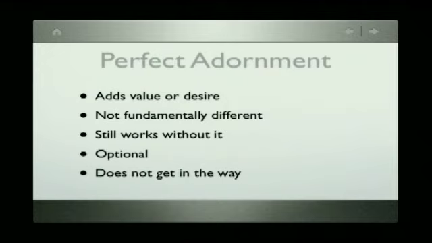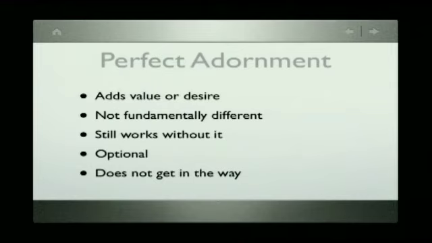So a perfect adornment is something that adds value or desire. But it doesn't change the nature of the thing. It doesn't fundamentally alter anything. It just adds stuff. And the thing still works without it, right? So it's critical that for an adornment, the Christmas tree is still a Christmas tree, however much or little tinsel you hang on it. It's still a tree.